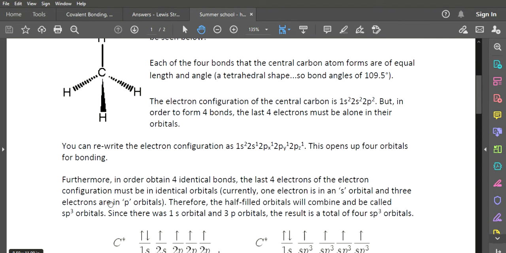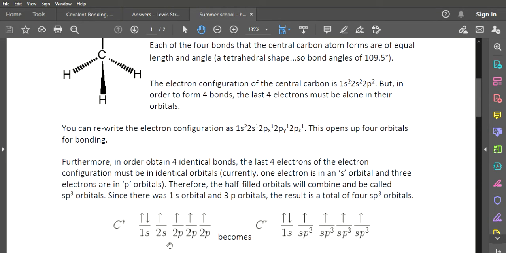So we need to somehow open up 4 orbitals, my bad, in order to actually allow bonding to happen.